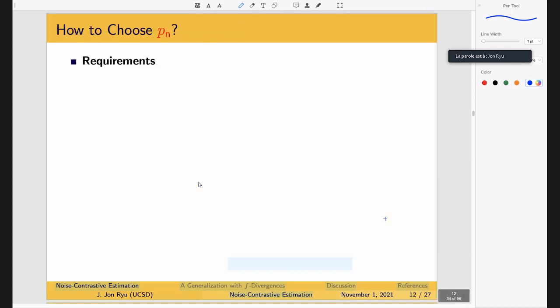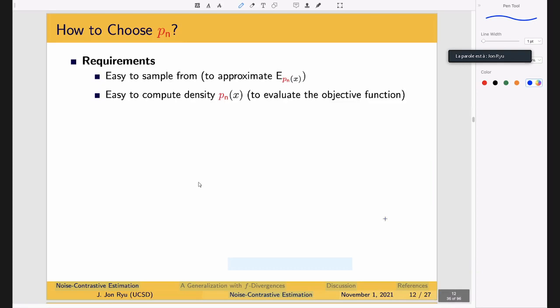One remaining question, and possibly a key research question in this area of noise contrastive estimation, is how to choose the noise distribution, or what is a good distribution for PN. I told you that there are two requirements basically. It should be easy to sample from it to approximate this expectation, and it should be easy to compute the density to evaluate the objective function.